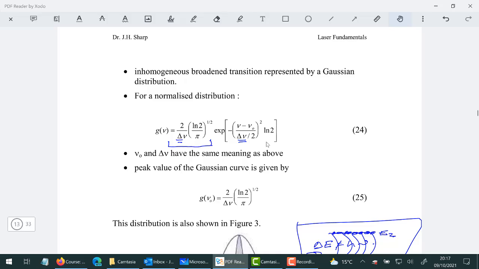And if again we say that nu is equal to nu naught, if we look at the peak value, then this all disappears to give us e to the 0, which is 1, and leaves us with our constant at the front for our peak value. And again, it's inversely proportional to the line width, so the broader the line, the smaller the peak.